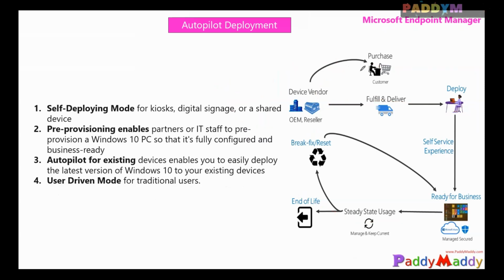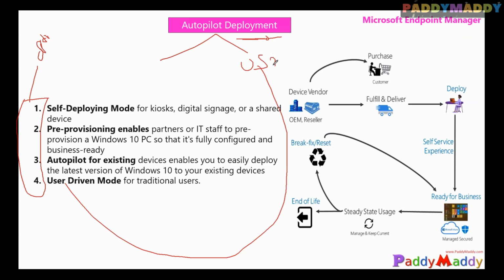There are types of Autopilot. People say that there are one to four different options. I use the word options, but for the profile configuration we mentioned earlier, there are only two types. One is user driven, meaning a user has to enter his user ID and password, select some things, and then it gets deployed.